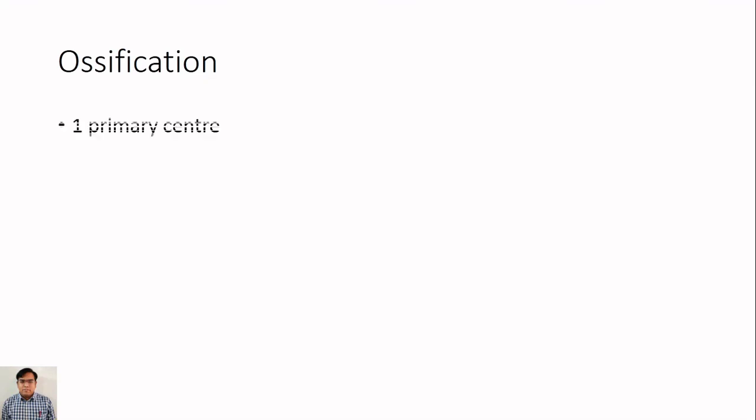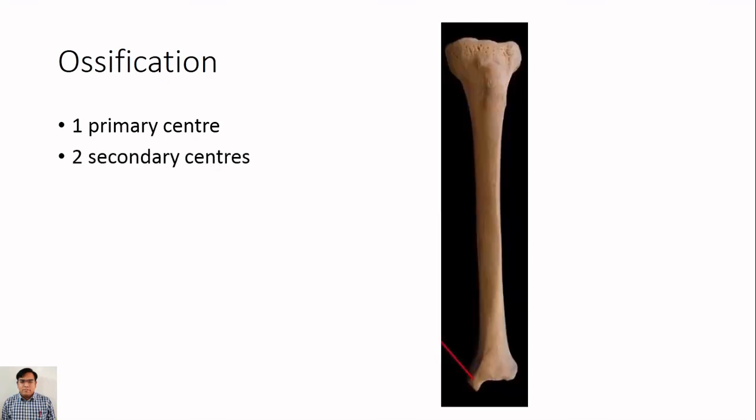Now ossification. It is ossified by one primary center and two secondary centers. So this is one primary center, which appears at the age of 7 weeks of intrauterine life, and these are the two secondary centers for the upper and lower end.